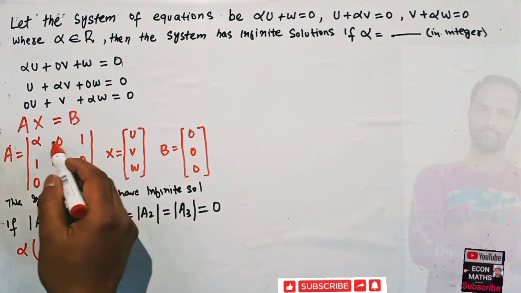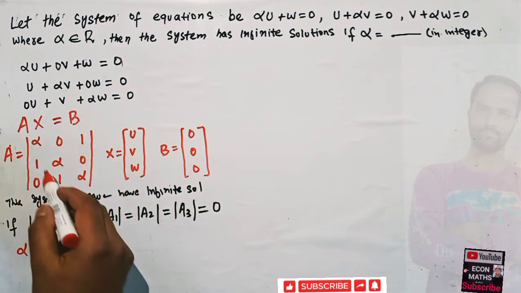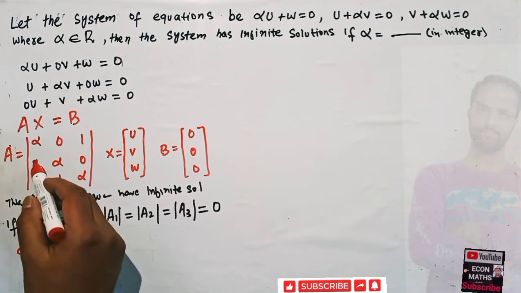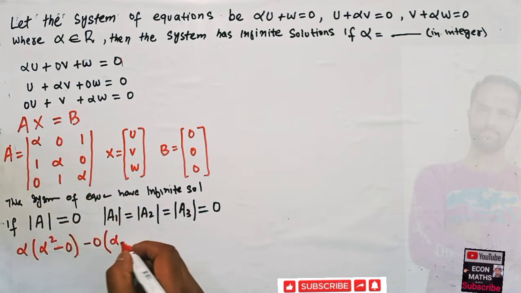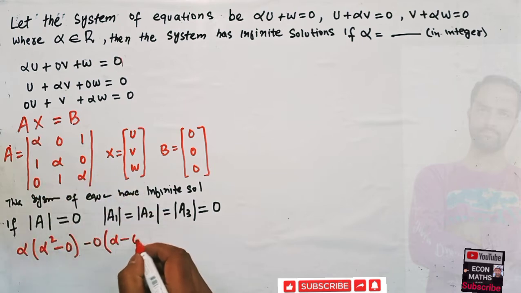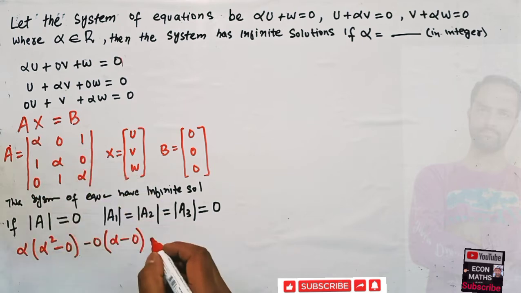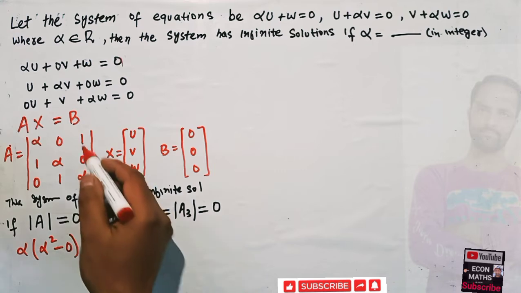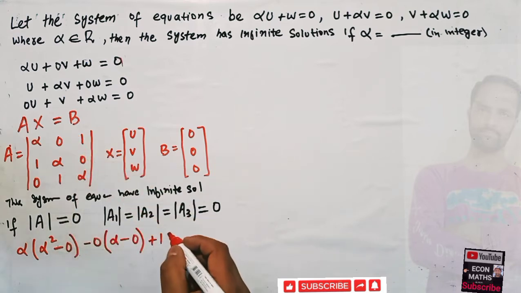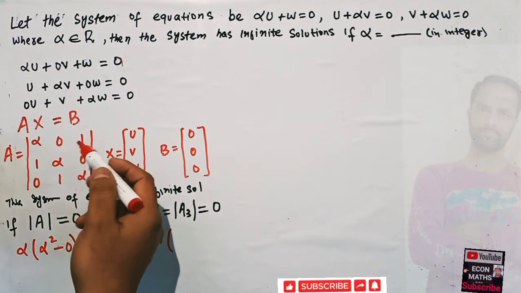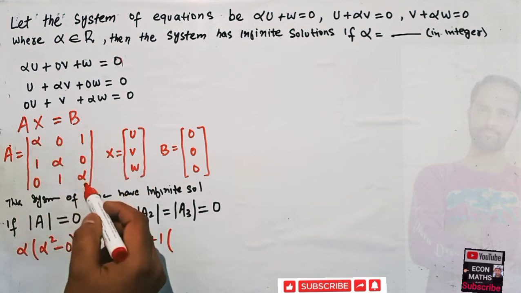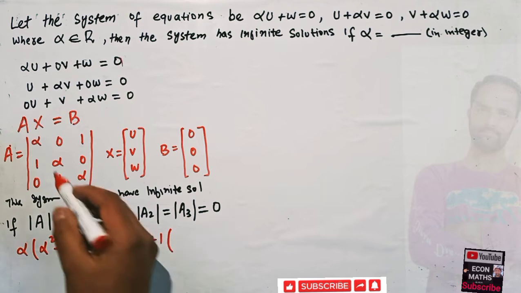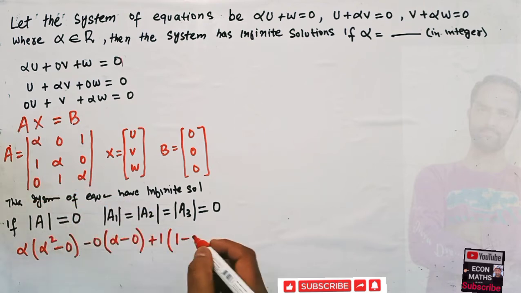Now deleting this row and this column and taking the determinant of the remaining elements, that means 1, 0, 0, alpha: 1 into alpha is alpha, minus 0 into 0 is 0. Then we have plus 1. Here we need to delete this row and this column and take the determinant of the remaining elements. That means 1 into 1 is 1, minus 0 into alpha is 0.